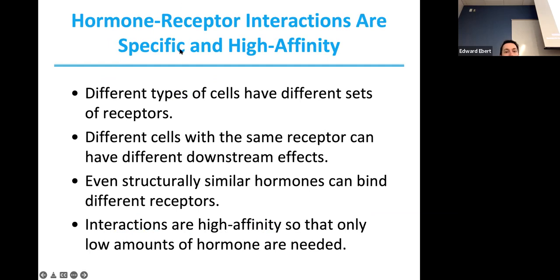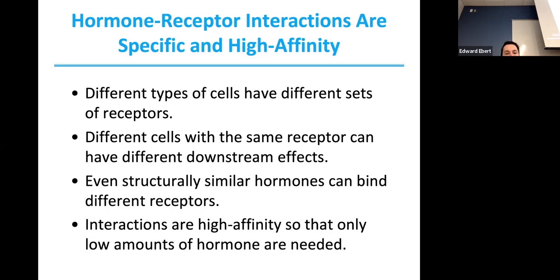The neat thing is that hormone receptor interactions are really specific and very, very high affinity. That's one of the reasons it only takes a small amount of hormone: they bind to their receptors really well and trigger whatever effects they have. Different types of cells have different types of receptors. Thyroid stimulating hormone might bind to some cells because they have the right receptors, but it's not going to bind to muscle cells because they don't have the correct receptors.